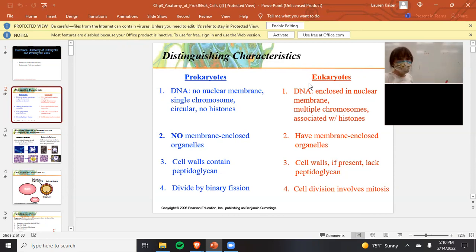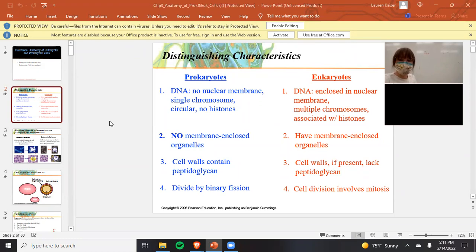Okay, so part of prokaryotic characteristics, just think of bacteria versus us, right? You guys have studied anatomy and physiology at least a little bit, so you know what eukaryotes are. We have DNA, we have a nuclear membrane. We're very complex cells.